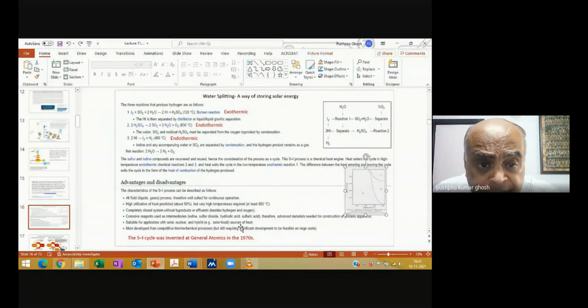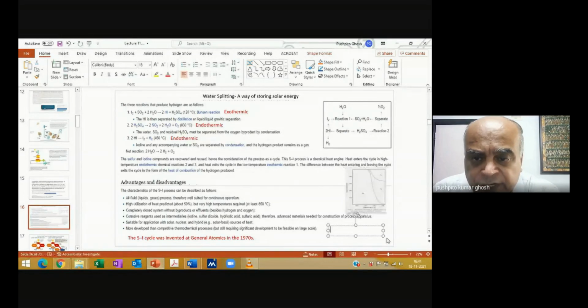One more disadvantage, which is not mentioned here, but I think I'll write it down, is that you can imagine thermal cycling, that they are all at different temperatures. So if, for example, you are generating at 830, you'll have to again probably cool this thing down.